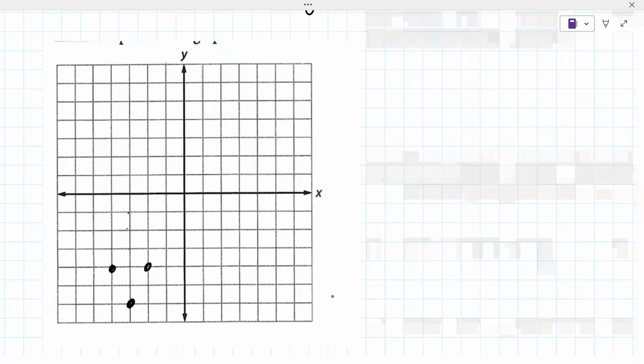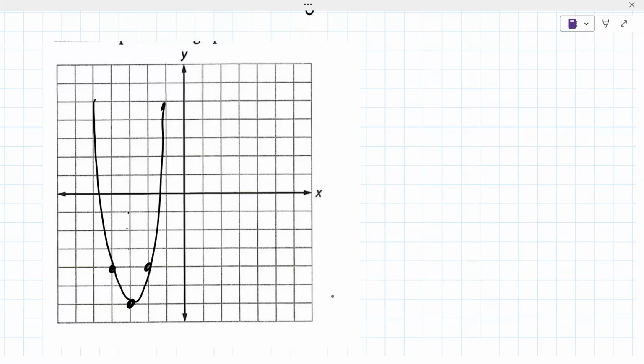These are going to be up here. And a rough sketch would be good. Something like that. Questions, thoughts on that? No. Okay.